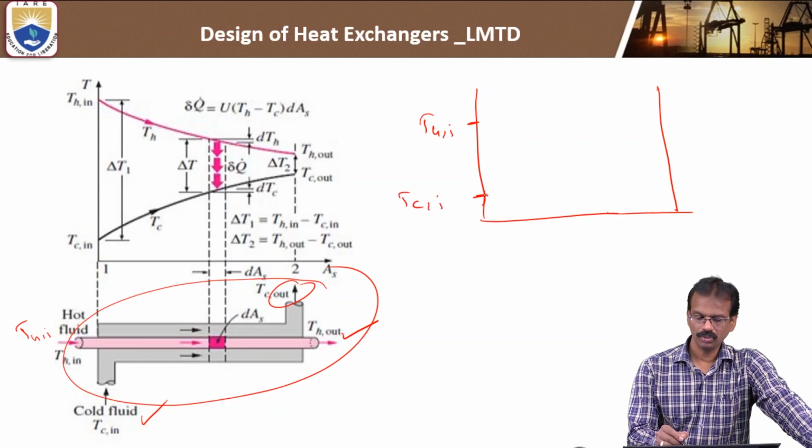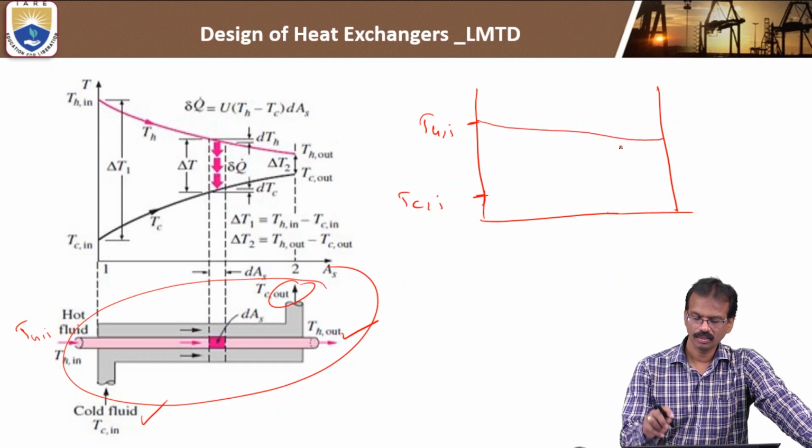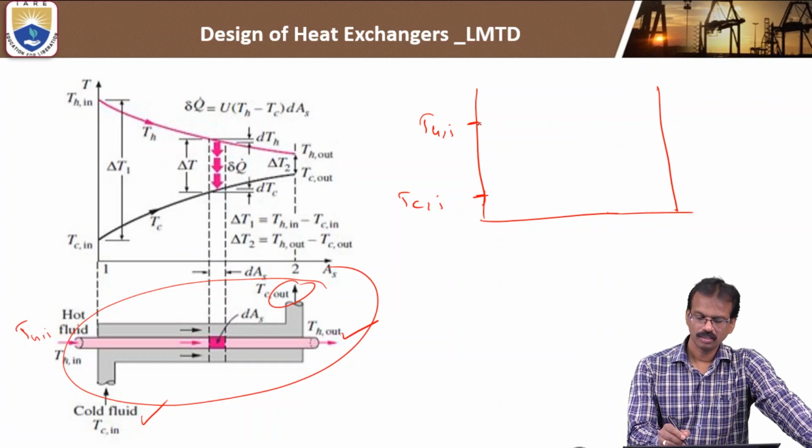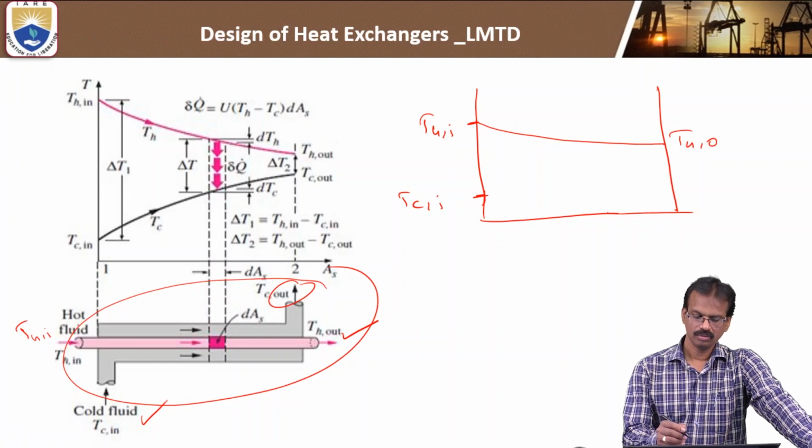Because heat transfer takes place from hot fluid to cold fluid, the hot fluid temperature gradually decreases to TH naught. Because the cold fluid takes heat from the hot fluid, the cold fluid temperature gradually increases.